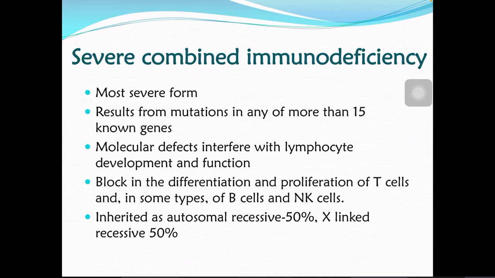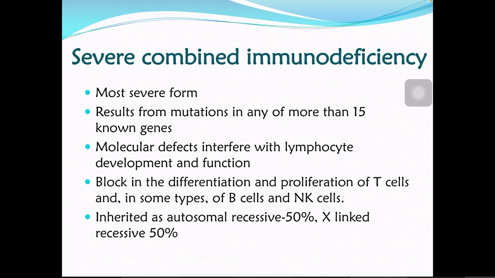Right. So severe combined immunodeficiency, as its name stands, is the most severe one, and it is known to result from mutations in more than 15 genes. And because of the mutations, there are molecular defects which will interfere with the development of lymphocytes and their function.